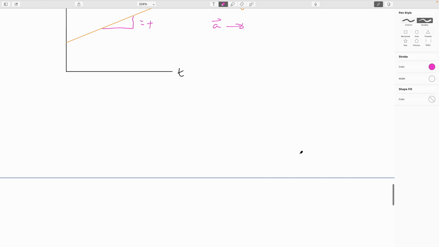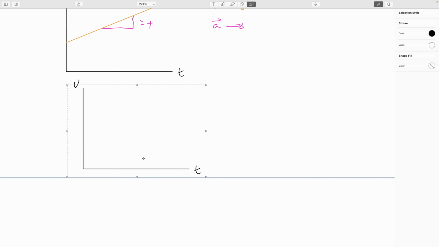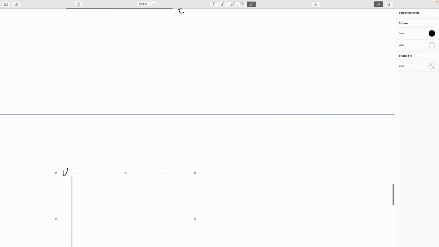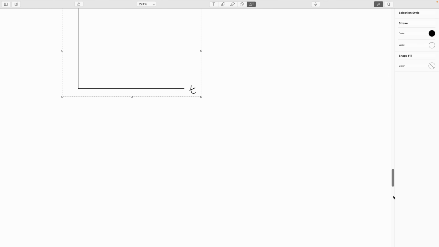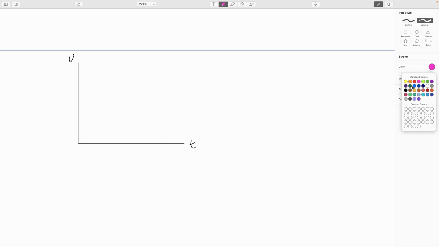What if instead my velocity time graph looked like, let's say, this.